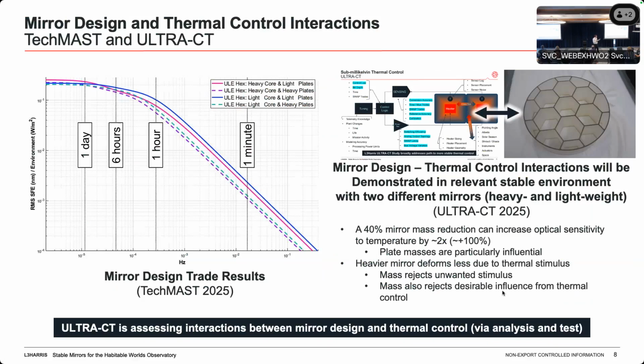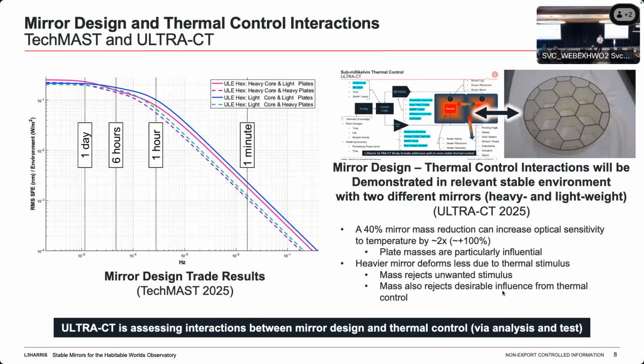We're building 2 such mirrors, and we're going to be lucky to be the first in the Mini-Must Ultra Stable Lab to check out the performance of these 2 mirrors. And we're going to figure out how they respond to thermal stimulus. Do they do what our models predict? What's different between the 2 mirrors is that one is lighter weight and one is heavier weight.